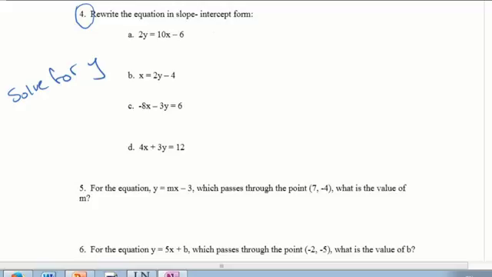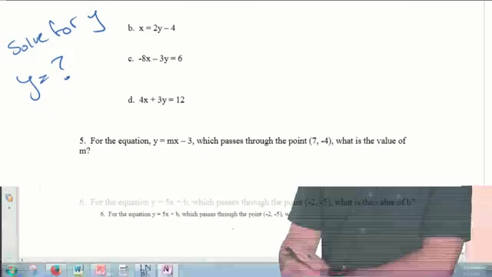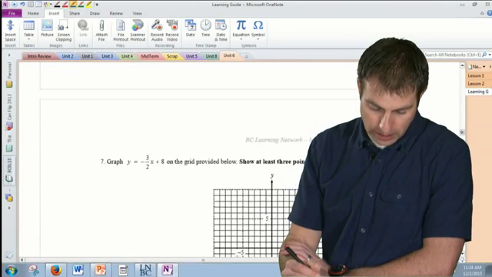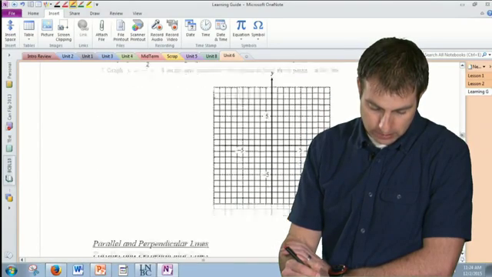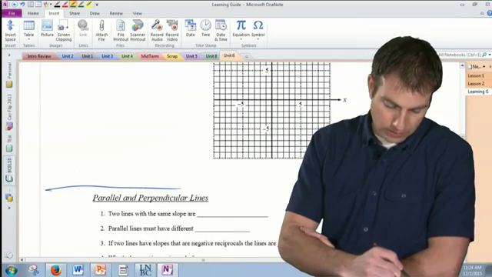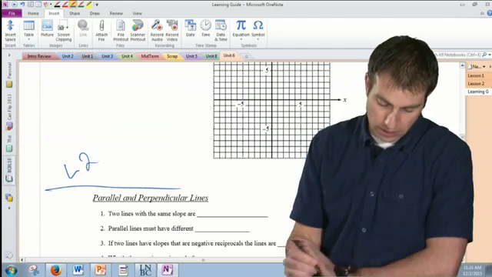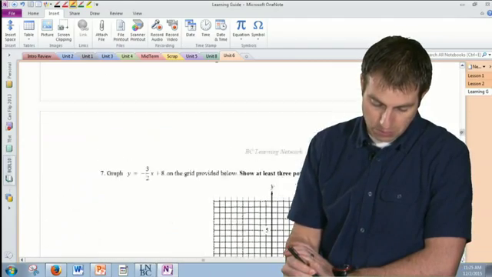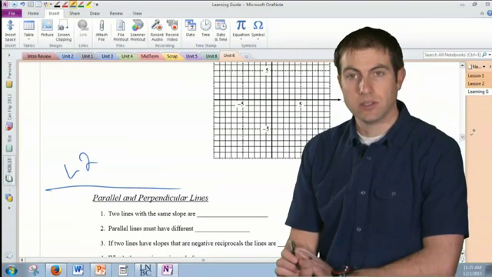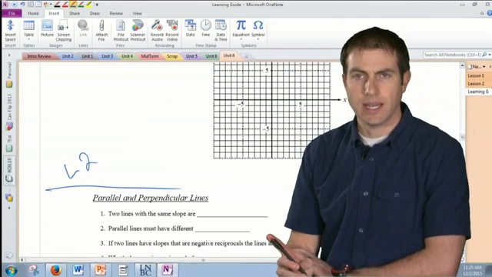You want it to look like y is equal to mx plus b. So that's the trick there. Number 5 and 6, we did examples like that. Number 7 should be good. We didn't do parallel and perpendicular lines, so this is the end of lesson 2 here, midway through page 5. So lesson 2 will take us that far.